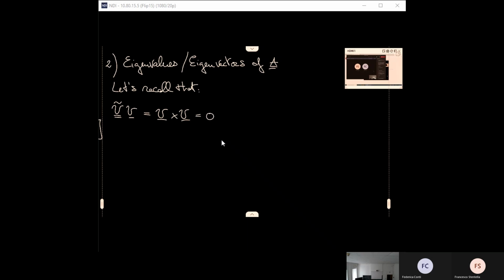The vector product of a vector with itself is 0. And also v squared applied over v, well, it's the same, right? This is 0 as well.